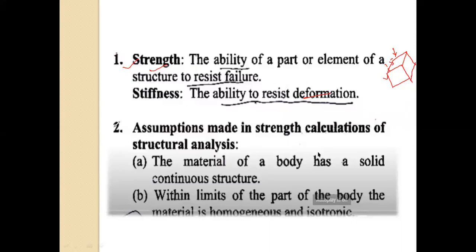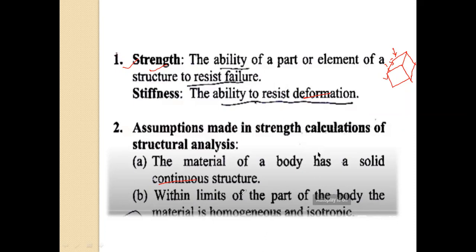Next, the second point is assumptions made in strength calculation of structural analysis. So we have to study which assumptions. The first assumption is that the material of a body has a solid continuous structure. That means you have to remember only one thing: the structure or body is continuous. This is the first assumption.